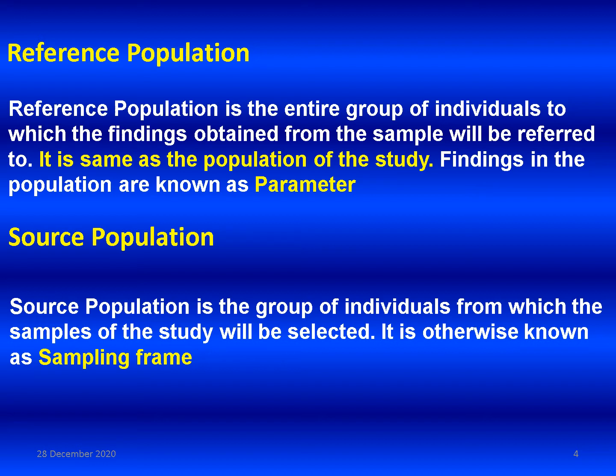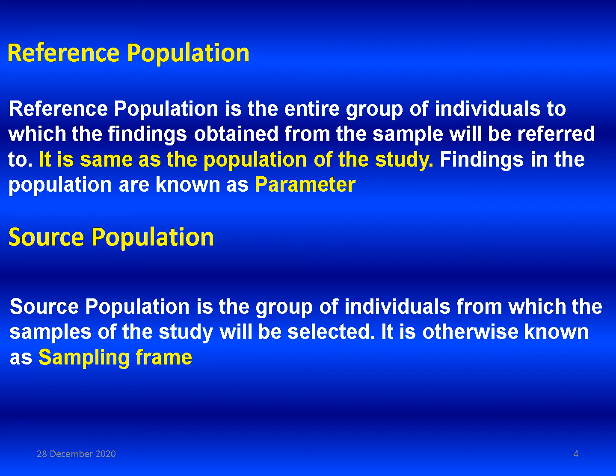It is a larger population, right? It is the same as the population of this study. And the findings in the population are known as parameter. Parameter is a term you will be hearing in statistics classes. So parameter is related to the population or reference population.